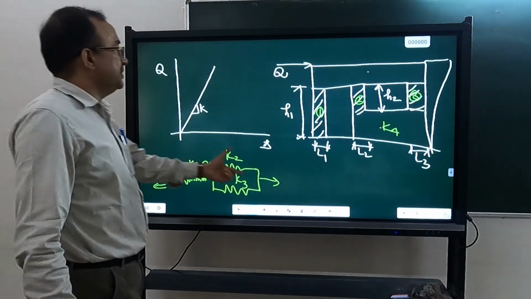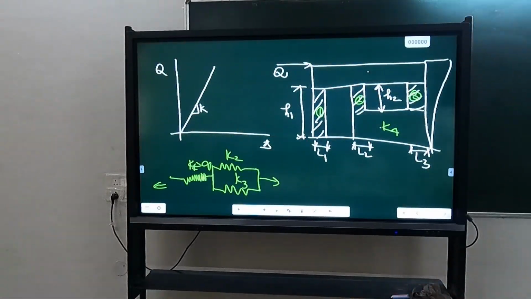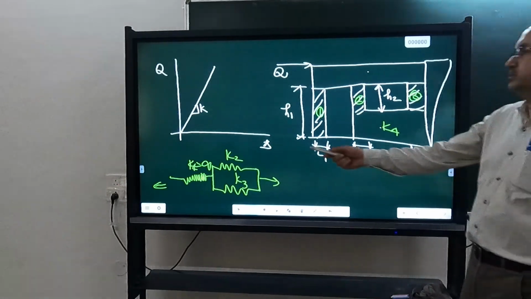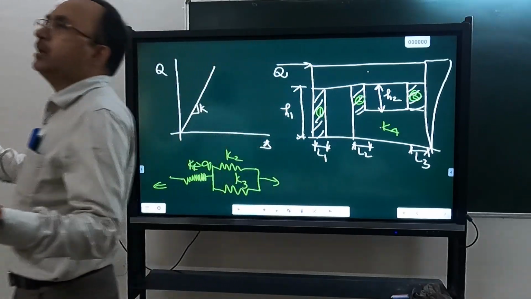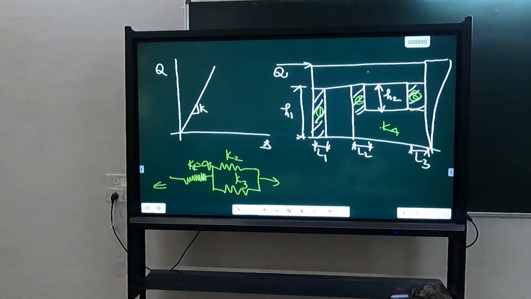How much will be the stiffness of this assembly? First add these two in parallel, replace them by some K equivalent, and then K equivalent and K4 is in series. What do you get?